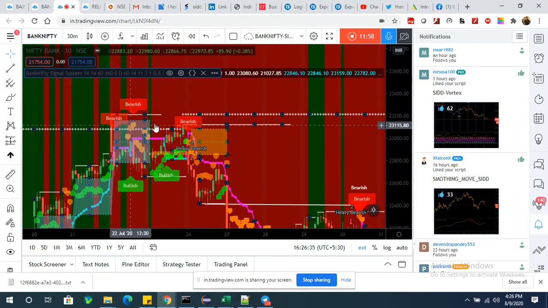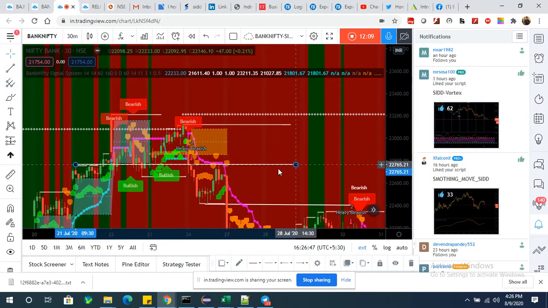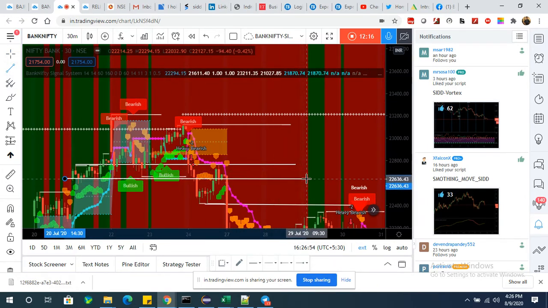See, this is the resistance area, and this is the support area. If you extend this line, this is the support area. Okay, and this is another support area. So our gap up and gap down boxes are also creating support and resistance areas.